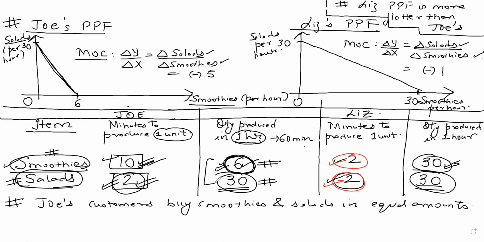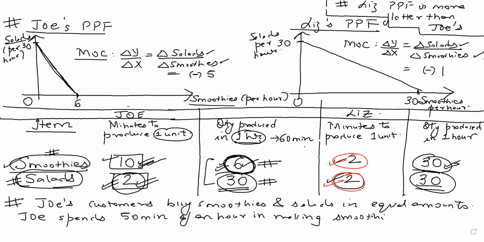Okay, so Joey spends 50 minutes of an hour in making smoothies, and the remaining 10 minutes of an hour in making salads.